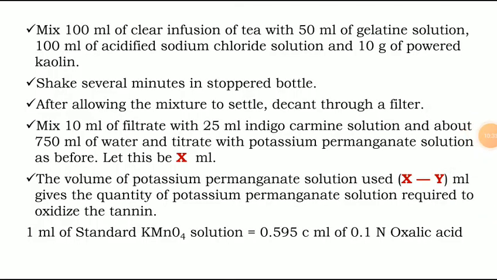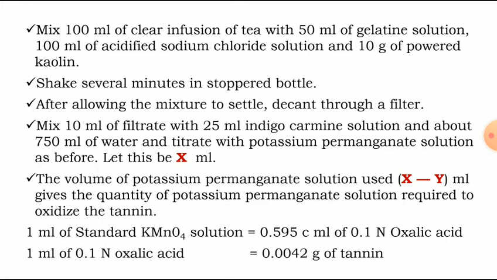For that they have given one relation: 1 ml of standard KMnO4 solution corresponds to 0.95 ml of 0.1 normal oxalic acid, and 1 ml of 0.1 normal oxalic acid corresponds to 0.0042 gram of tannin.